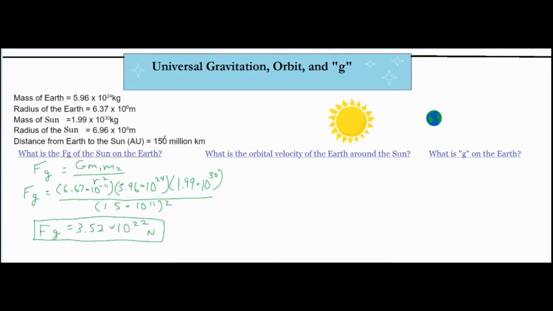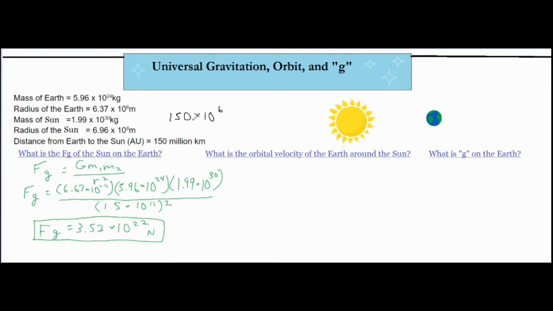So if you have 150 million kilometers, a million is 6 zeros, so it would start out as 150 times 10 to the 6th. So that's 150 million. Because I typically set up each of my numbers in scientific notation as one number, a decimal, and another number, I like to place the decimal in the same spot, but it doesn't really matter that much.